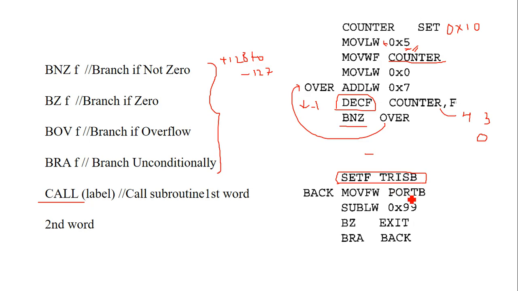Each port has 3 registers: TRIS, PORT and LAT. To set a condition whether it is input or output, we have to use the TRIS instruction.